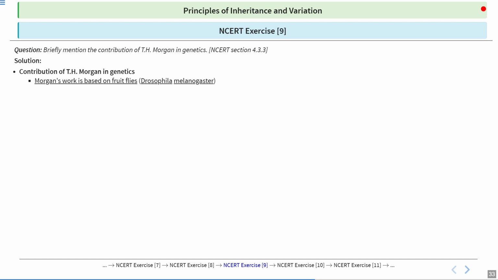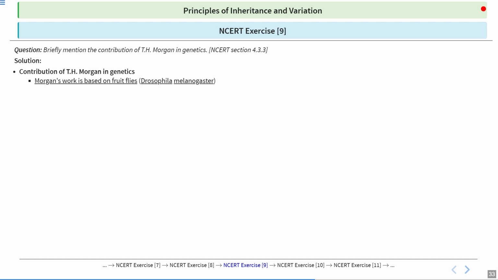Because Drosophila melanogaster has a short lifespan. It produces many progeny. The sexes are easily distinguishable, so you can distinguish male from female. Okay, so these are some of the reasons why Drosophila melanogaster is used to carry out research work.